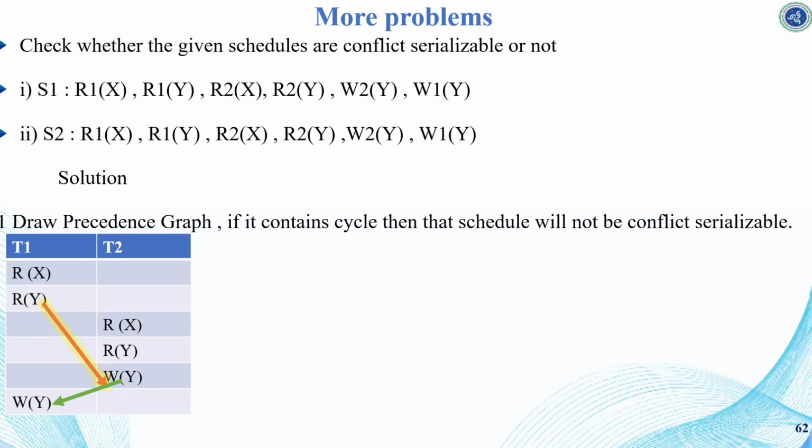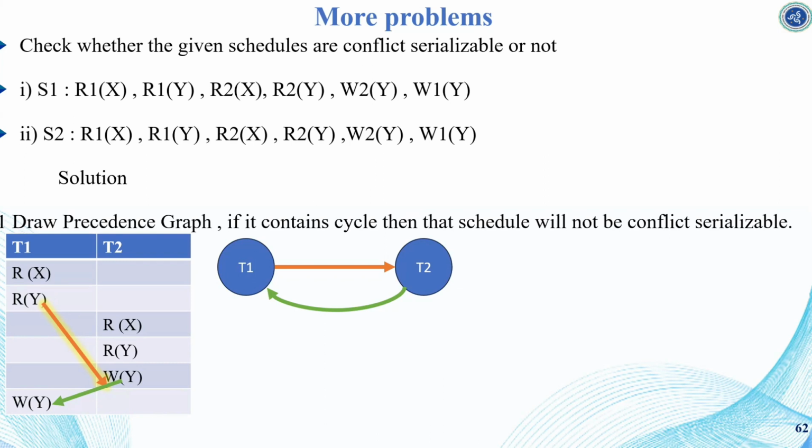And next we can see the schedule. So once we have created the precedence graph of S1, so here this one R1 W1. So from T1 to T2 there will be a directed arrow mark. Then from T2 to T1. Since this is the first operation executed in this conflict, so the arrow mark will be from T2 to T1.